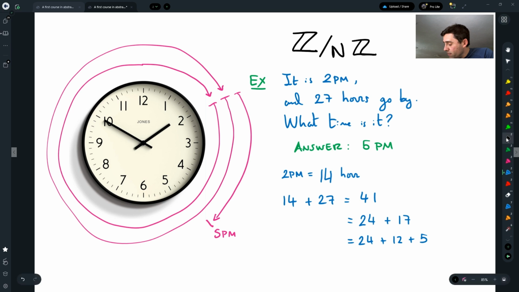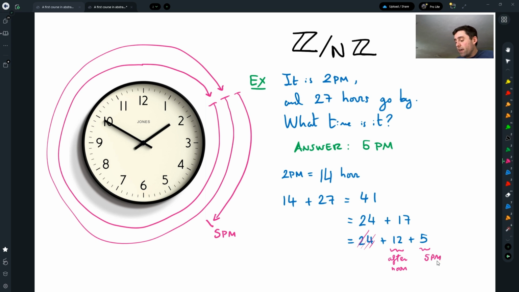So we can discard this whole multiple of 24 because an entire day goes by. This tells me that it is now afternoon, and that it's going to be 5 p.m.